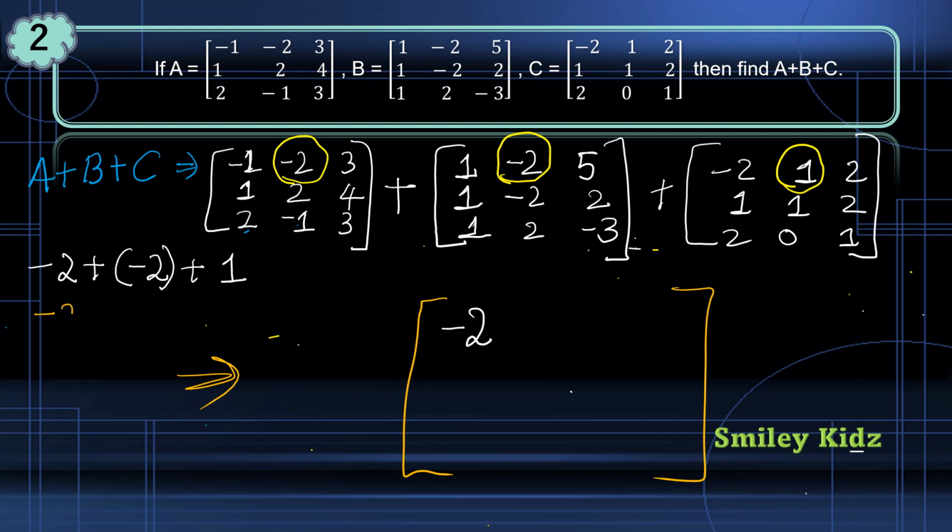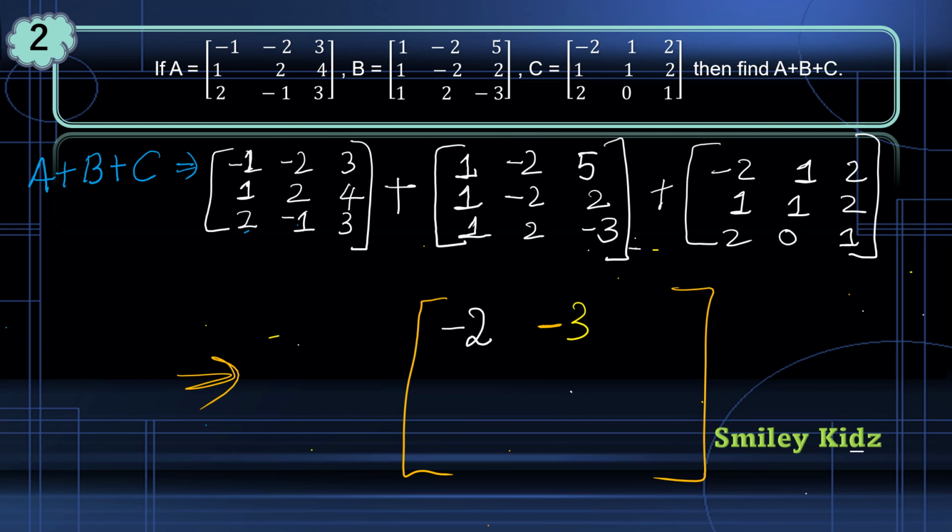So this is -2, -2 plus 1. This is -4 plus 1, which is -3. So the second element is -3. Alright, then moving forward, we're going to add all the third elements, right?